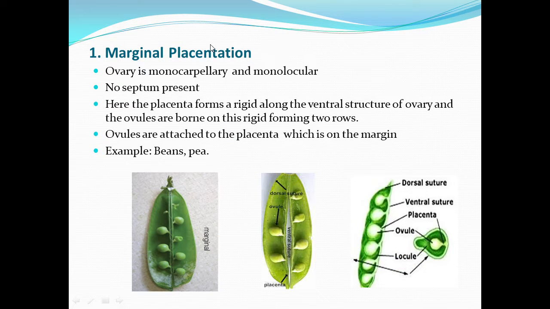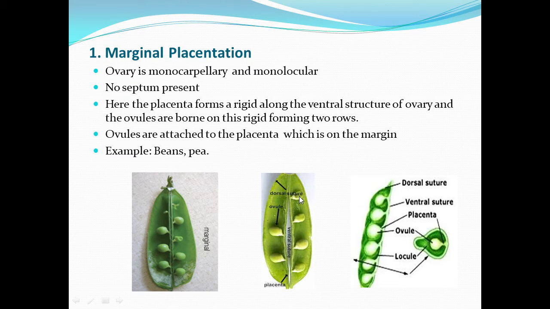Let's start with the first type, that is marginal placentation. In marginal placentation the ovary is monocarpellary and forms one locule or one chamber. No septum is present. Placenta forms a ridge along the ventral structure. This is the ventral structure and this is the dorsal structure of the ovary, and the ovules are borne on this ridge, forming two rows.